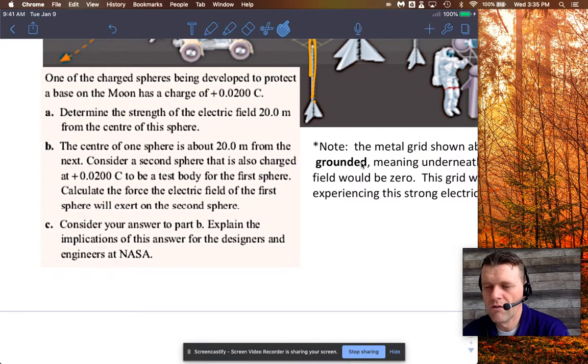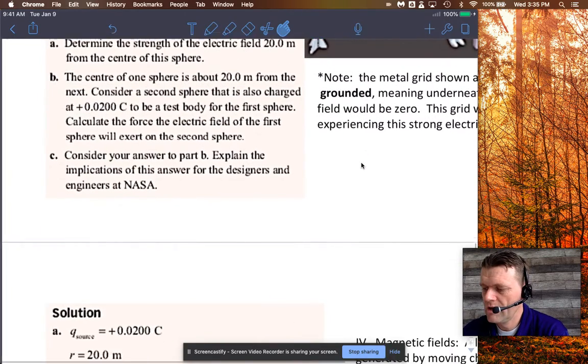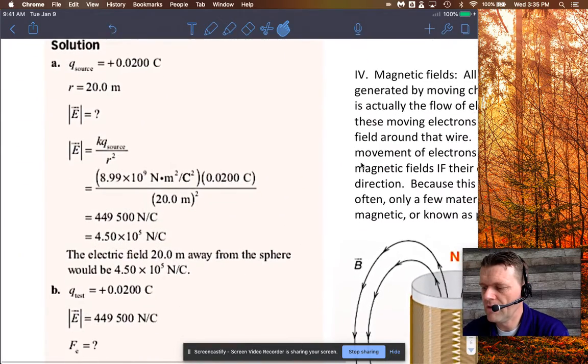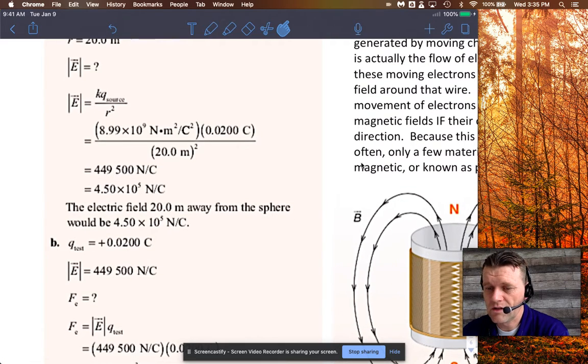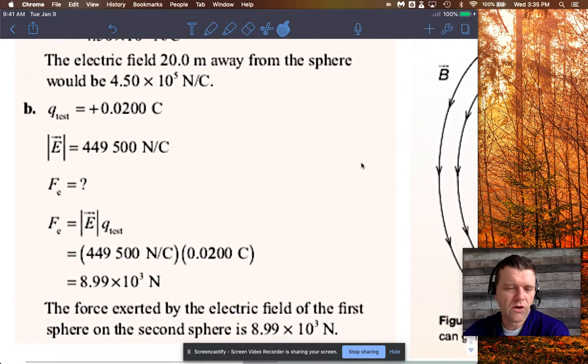Okay, so we aren't going to deal with the amount of force between two charges, but we are just going to simply say, well, if you know the charge and you know the electric field at that location, which we just calculated, then what would the force be? Okay, so this is where you would go E times Q or Q times E, and you'd get a pretty significant force, 8.99 times 10 to the third. That's pretty significant.